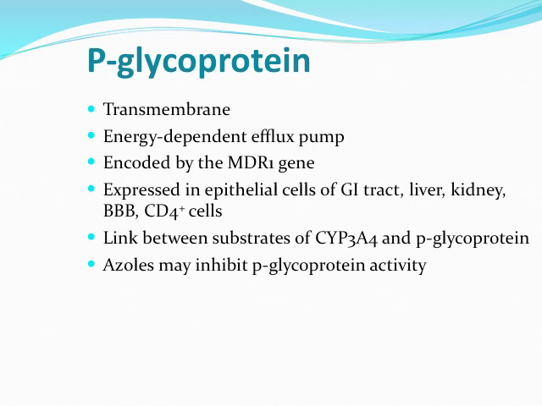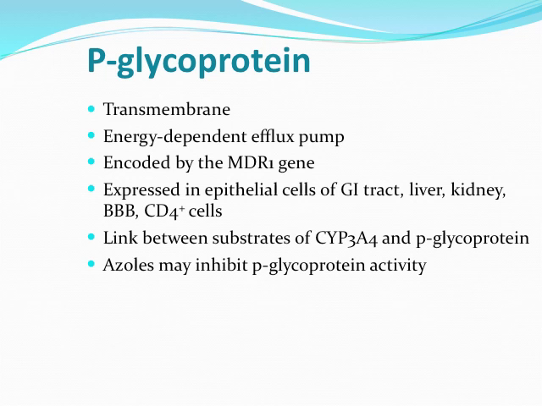So P-glycoprotein, as I touched on just a minute ago, it's a transmembrane protein. It can do a couple things. It can transport medications through the membrane in the enterocyte, or it can actually act as an efflux pump and pump drug out of the system. It's encoded by the MDR1 gene.